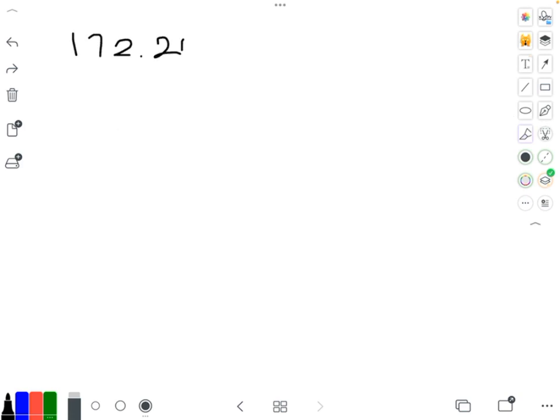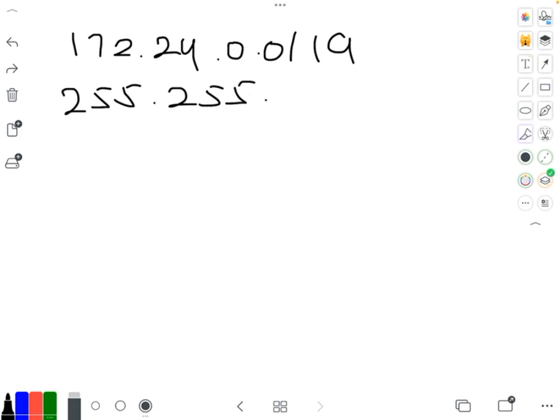And our new network is going to be 172.24.0.0/19, and our new subnet mask is 255.255.224.0, right?